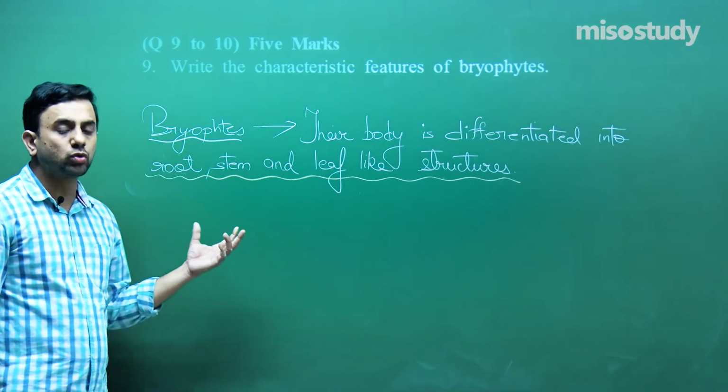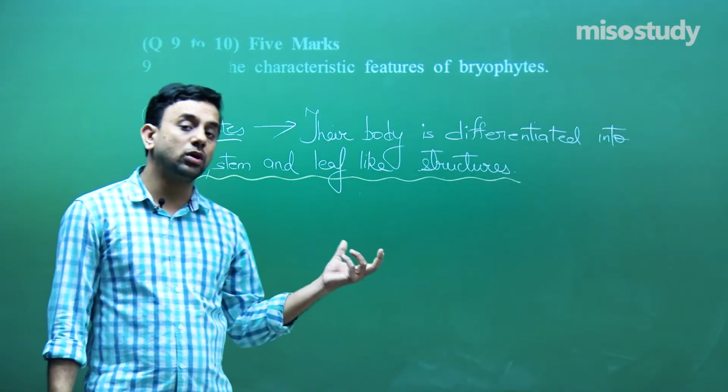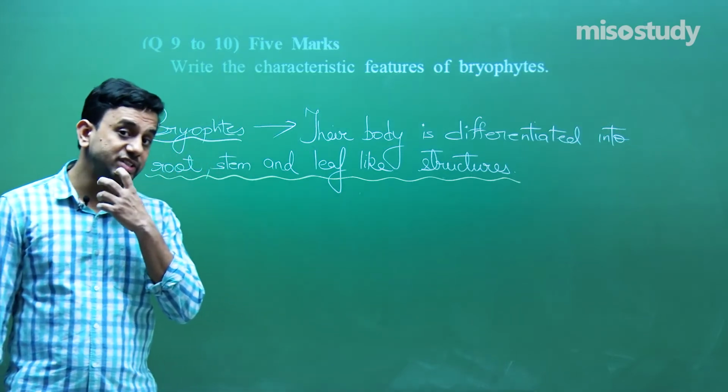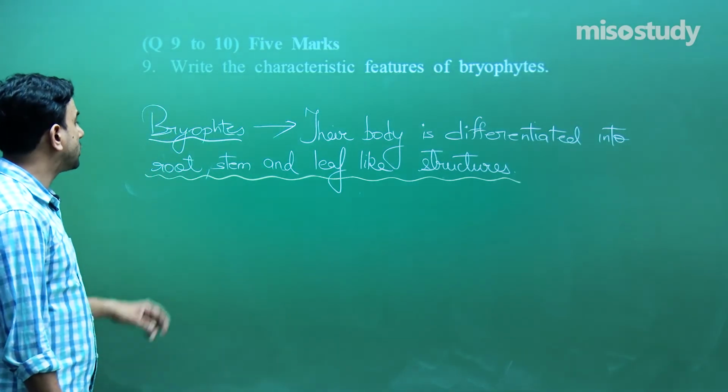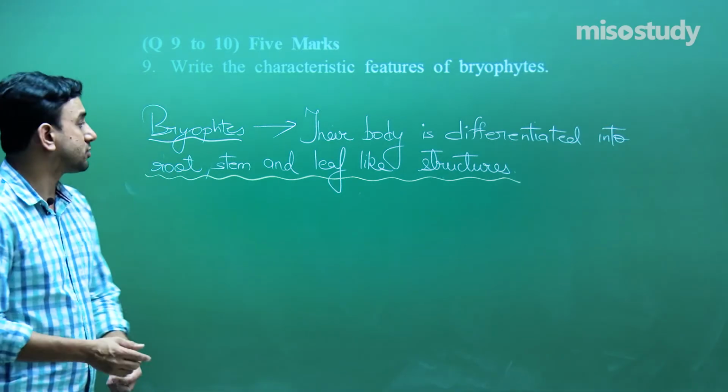The root like structures, called rhizoids, may be unicellular or multicellular. So, the body is differentiated into root, stem, and leaf like structures.